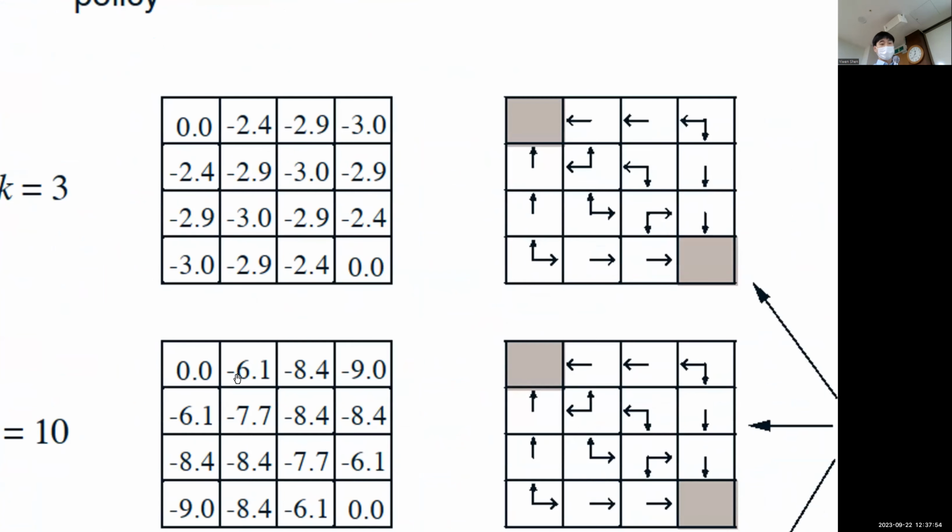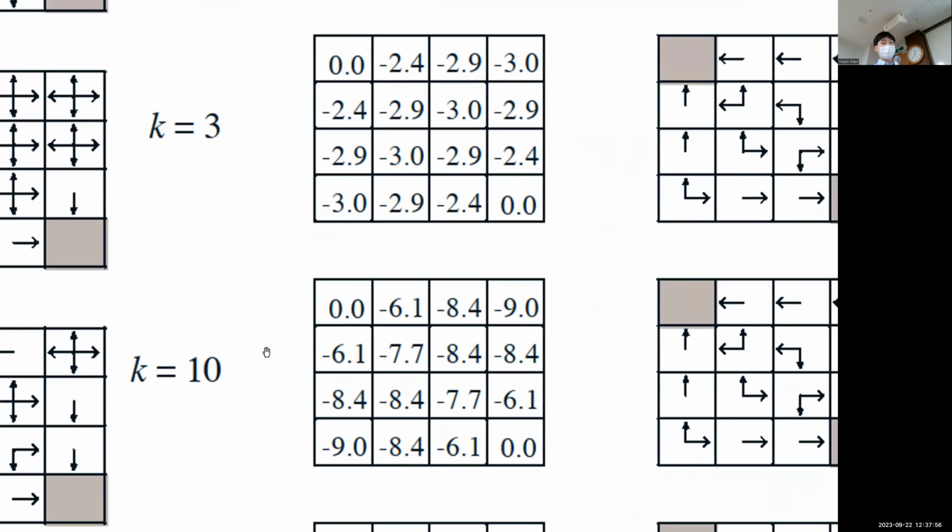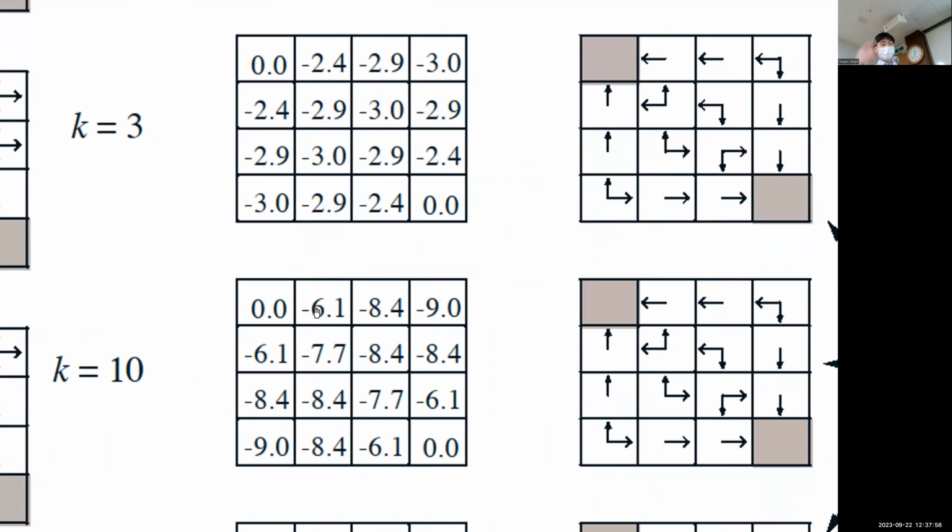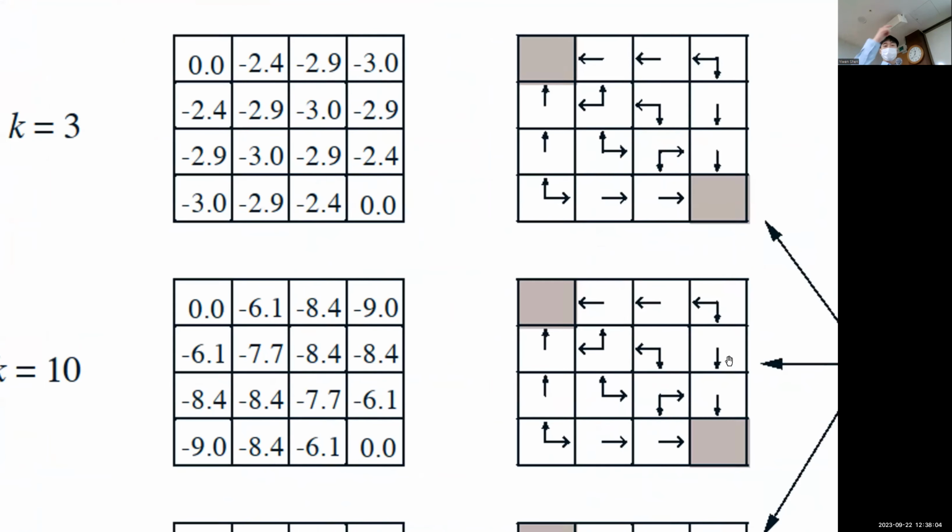If we reach time step 10, the values are updated again, but the policy doesn't change much, because the relationship between the neighboring states hasn't changed much. This one is still the largest among all the neighboring movements, which is 0, so obviously you choose left, which is the optimal policy for this state.